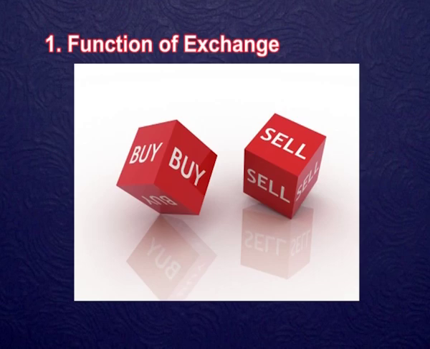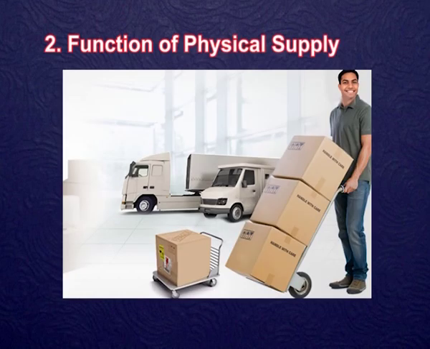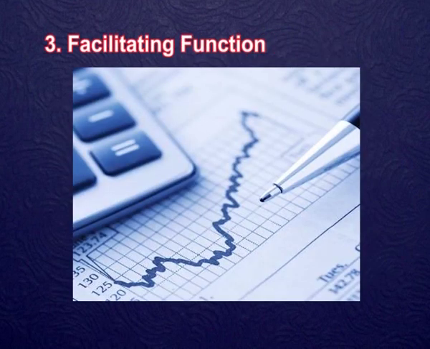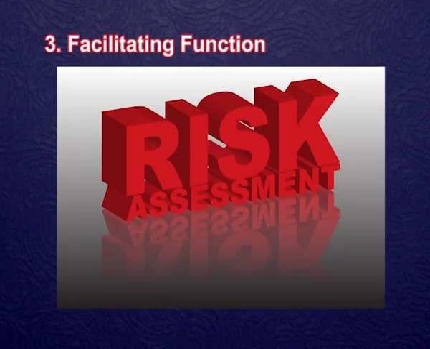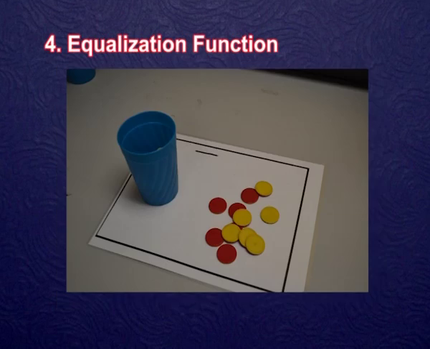First, function of exchange, which includes buying and selling. Second, function of physical supply, which includes transportation and storage. Third, facilitating function, which includes financing, risk-bearing and marketing information. Fourth, equalization function, which includes grading and dividing.